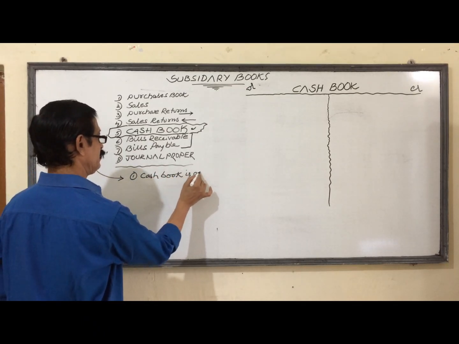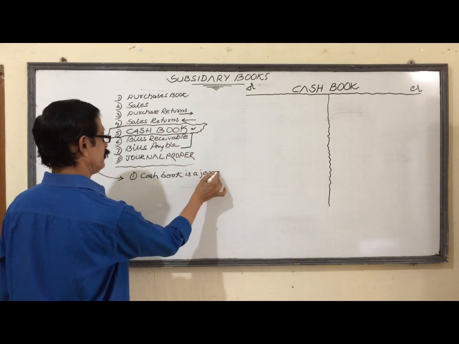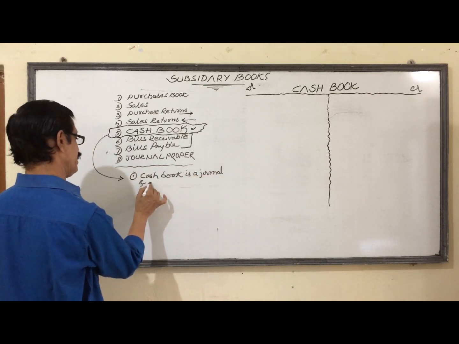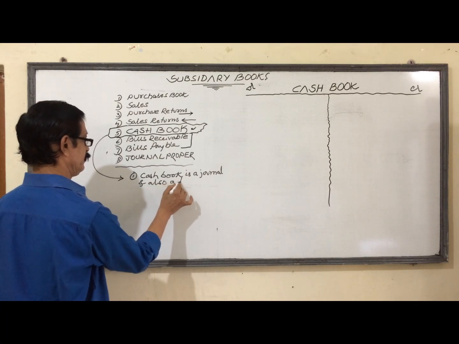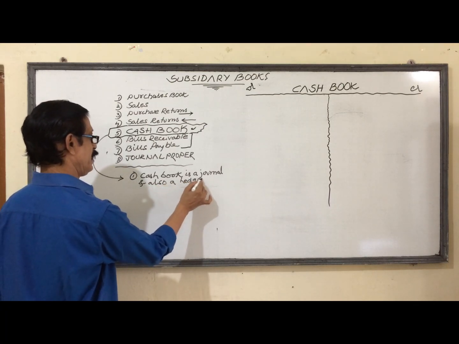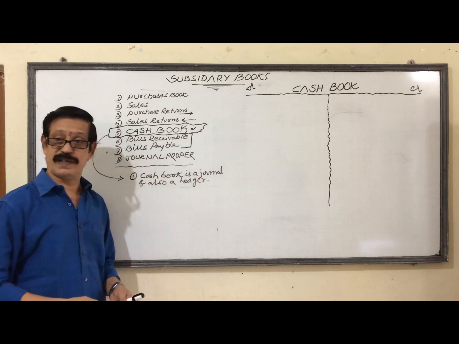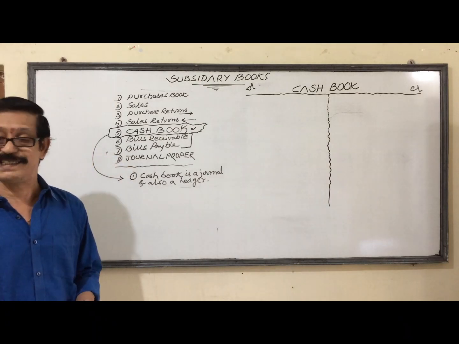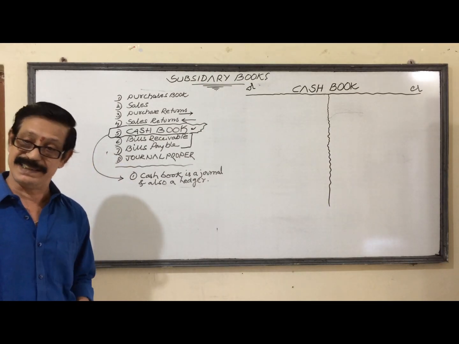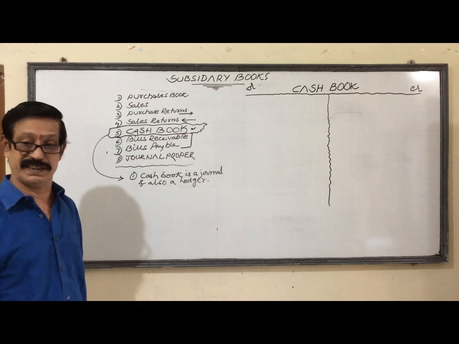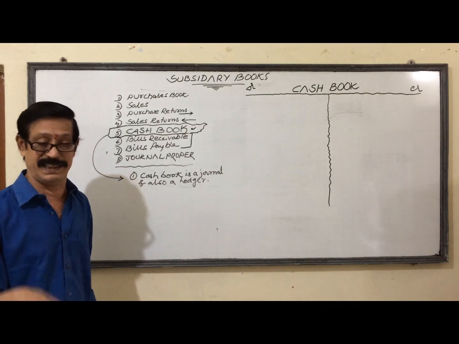The cash book is a journal and also a ledger. Cash book works as a ledger also. Cash book is two in one. It is the journal as well as the ledger.